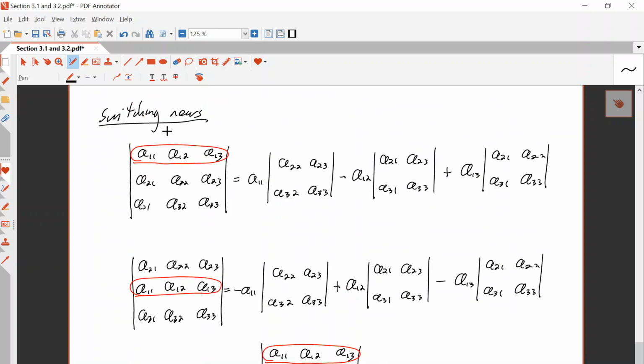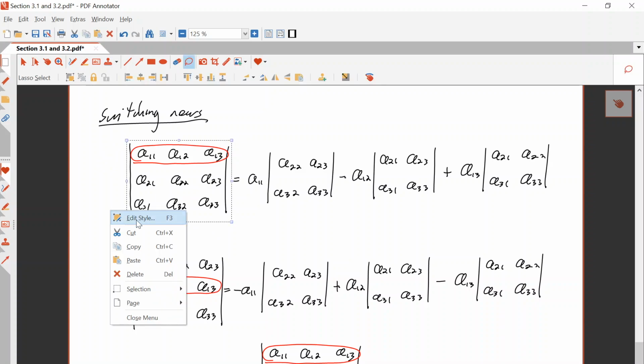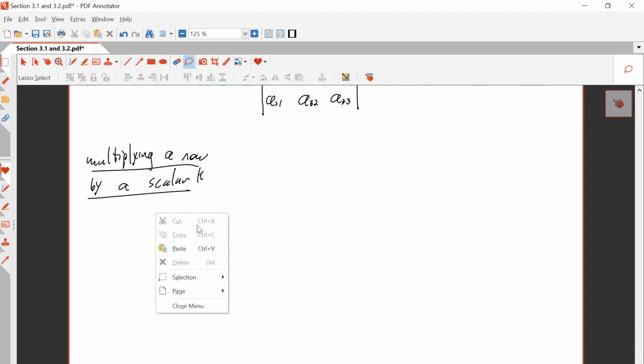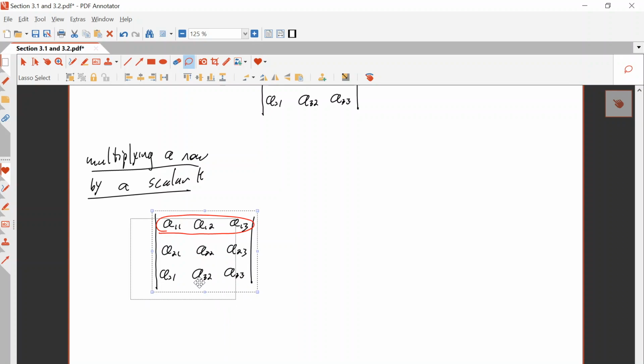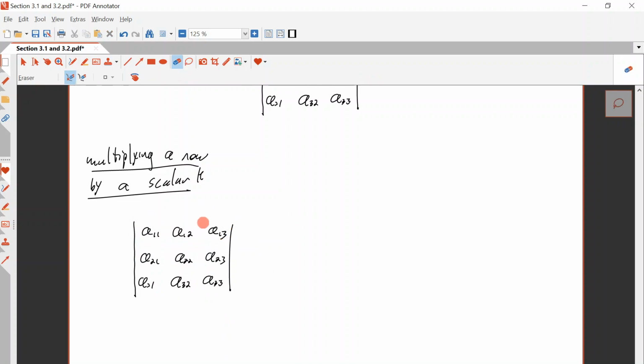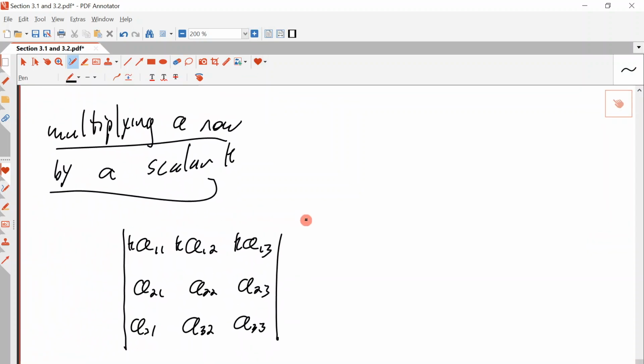So if I take this and I multiply everyone in row 1, say, by k, KA11, KA12, KA13.